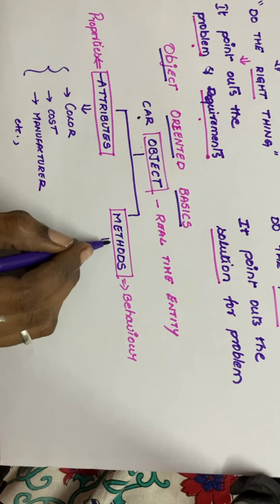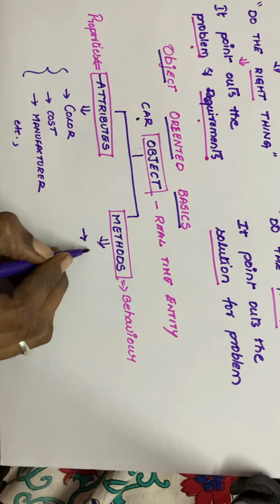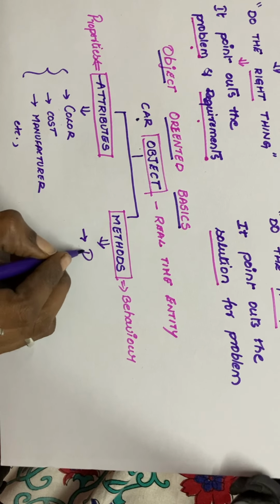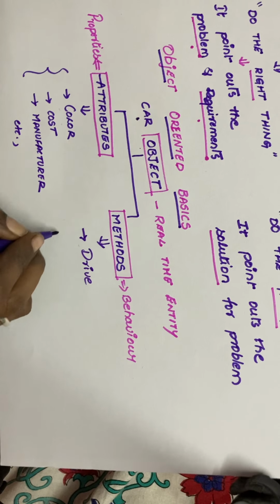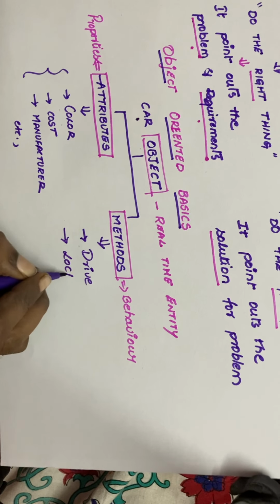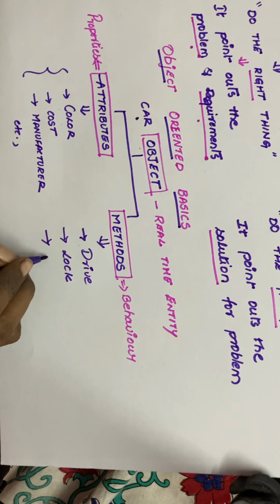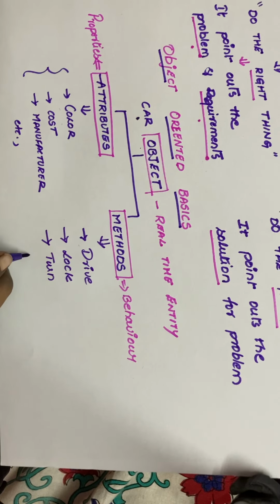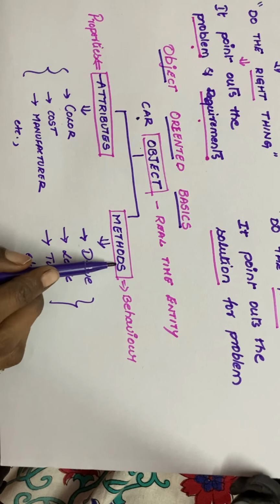Now let's take the methods. Methods are the main functions of the car: to drive, we can lock the car, we can turn the car, etc. All these are the methods of the car.